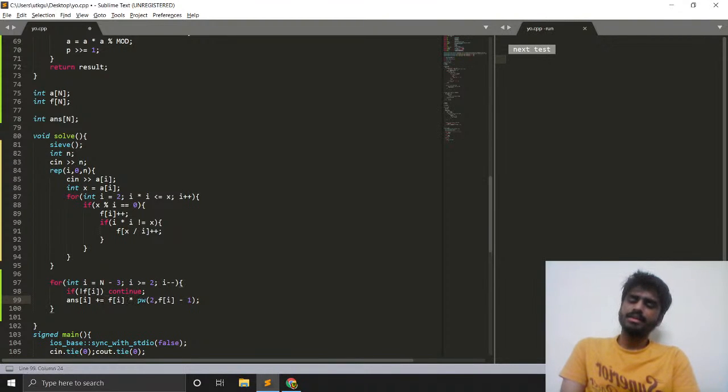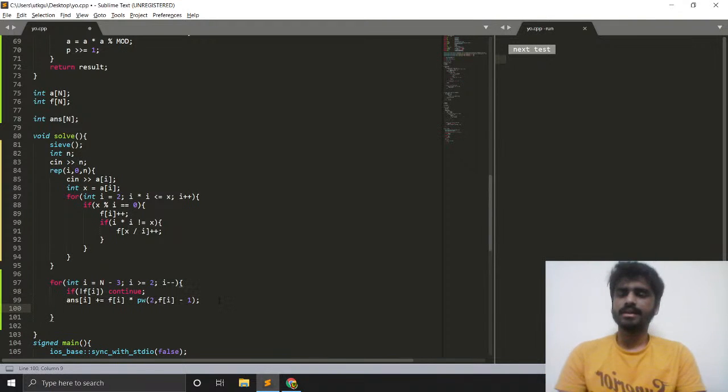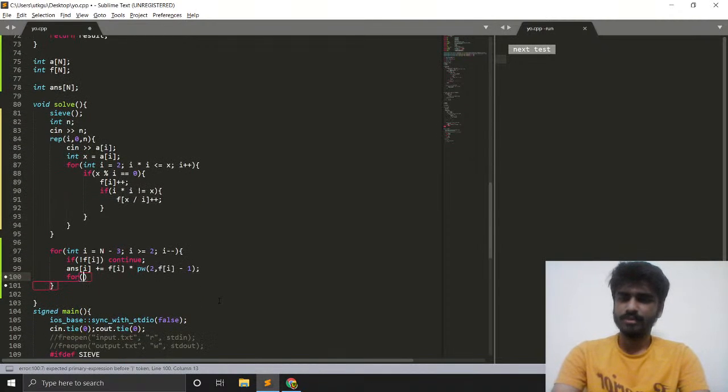Each element can be, like if you pick any element, all of the other elements can be either taken or not taken, right? So this is fine, but we need to subtract it from all of the divisors based on the Mobius function.